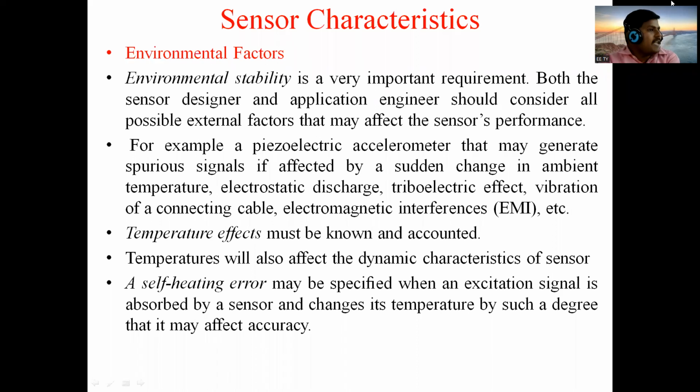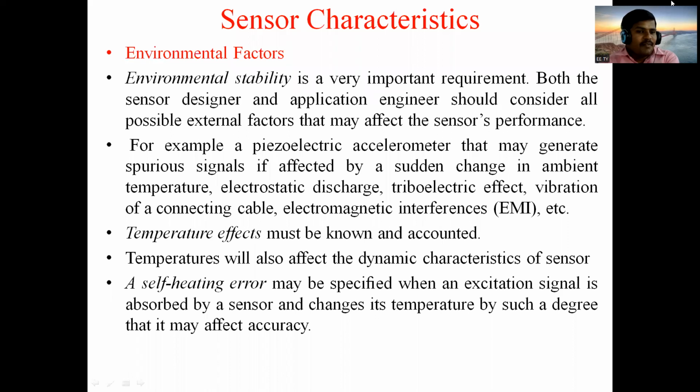So the sensor designer, or the sensor manufacturer, should mention all the possible environmental factors, or which factors affect that sensor performance, because the customer does not know those characteristics. The customer who is purchasing the sensor for a particular application will not know whether there is some environmental factor. The customer knows only our application or our requirement. So the design engineer or manufacturer should specify all possible external effects.